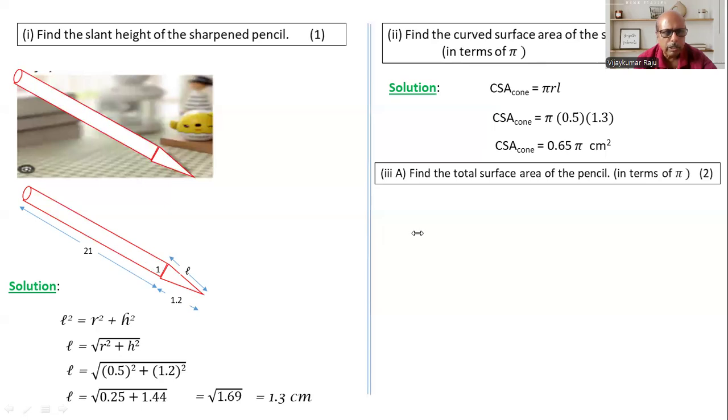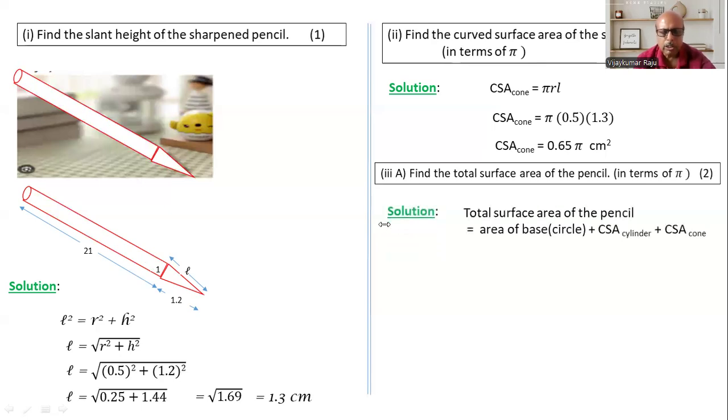So total surface area of the pencil will be area of the base, which is a circle, curved surface area of cylinder and curved surface area of cone. That's right, the formula. Area of base, that is circle, is pi r square. Curved surface area of cylinder is 2 pi rh. And curved surface area of cone is pi into r into L.